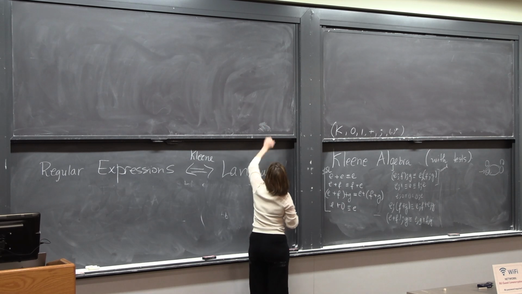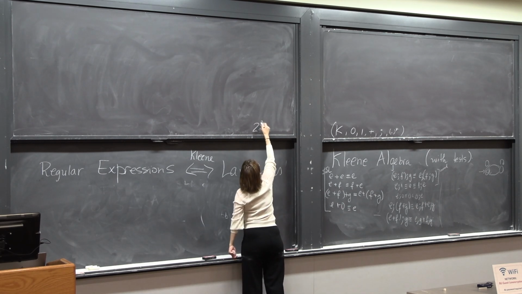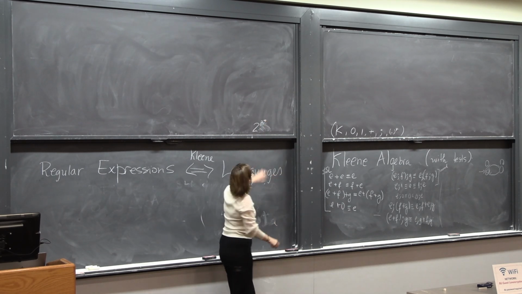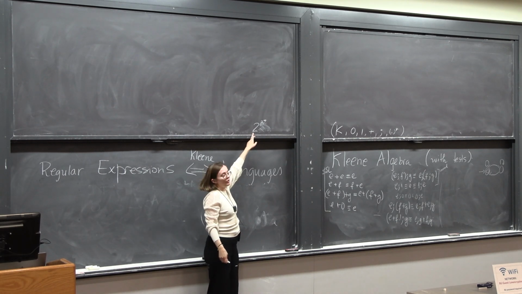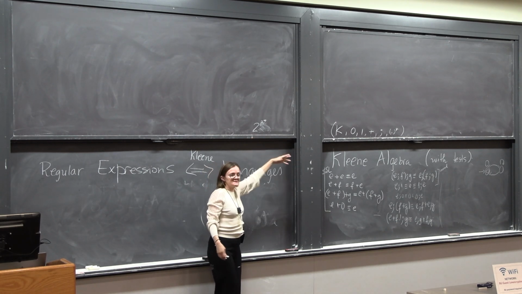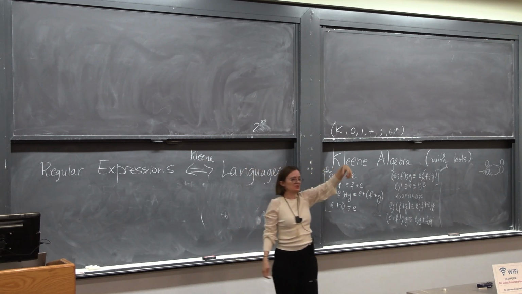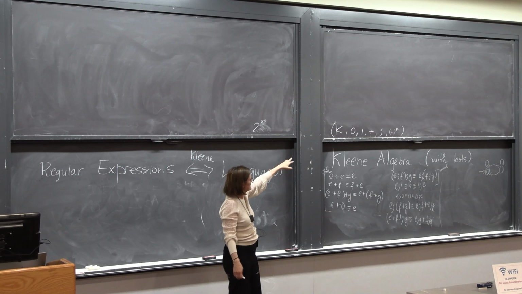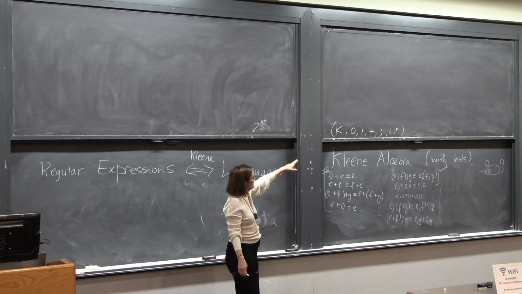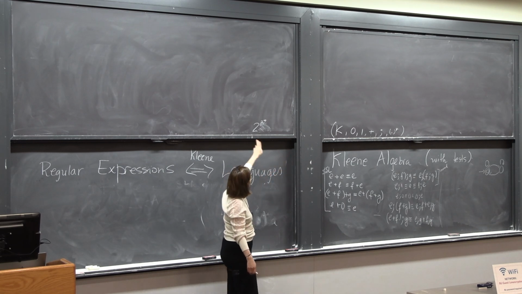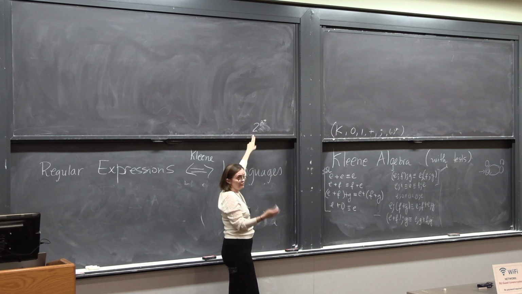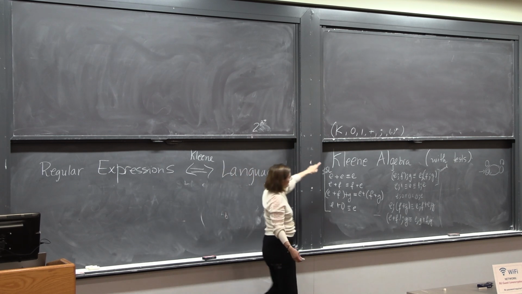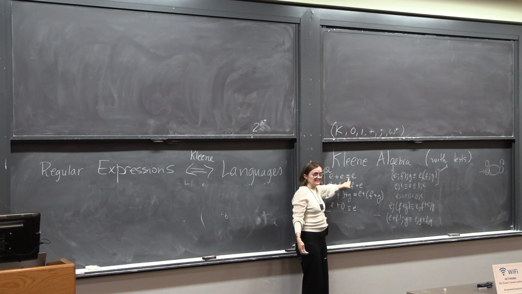So let's say languages. If I take all languages, with union, concatenation, the empty set, the set with the empty word, and Kleene iteration, that tuple, together with language equality, satisfies this.